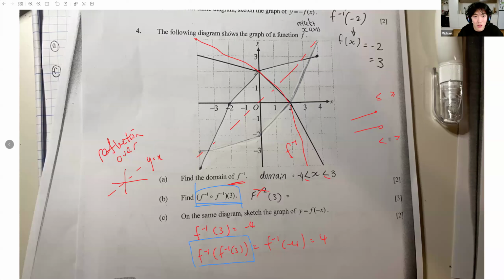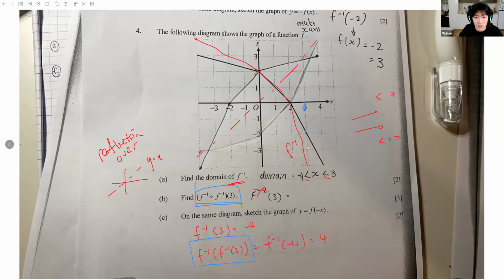No, f inverse is just this red line. It's the inverse of the original function. So where do you get 3 from? 3 is given. But how did you get negative 4 from that? Agree with me: the red line is f inverse, right? And 3 is here.